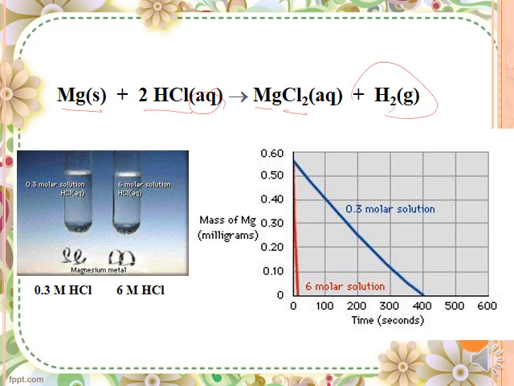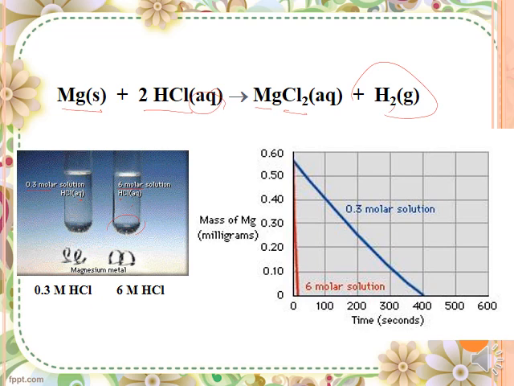So here are two different test tubes with different concentrations of acid. Here is 0.3 molar, here is 6 molar, so this is much higher compared to this. In which test tube would the magnesium dissolve faster? Of course, in the higher concentration.